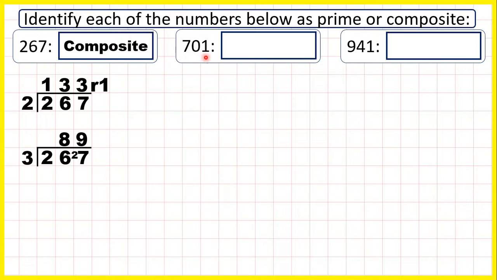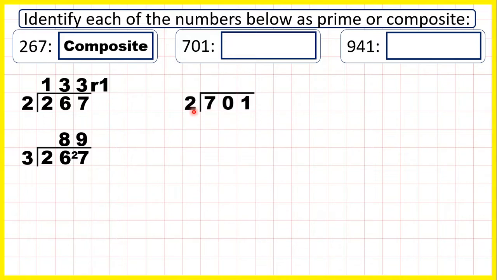Now let's find whether 701 is prime or composite. So we can try dividing it by the first 4 prime numbers, so 2, 3, 5 and 7, and if we get a remainder to all of those divisions, we know that we will have a prime number.